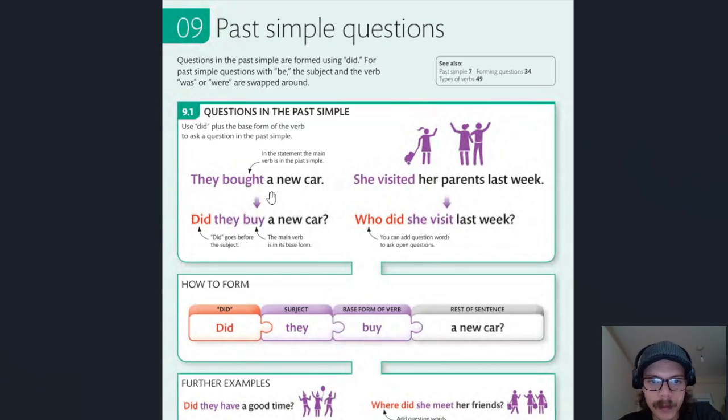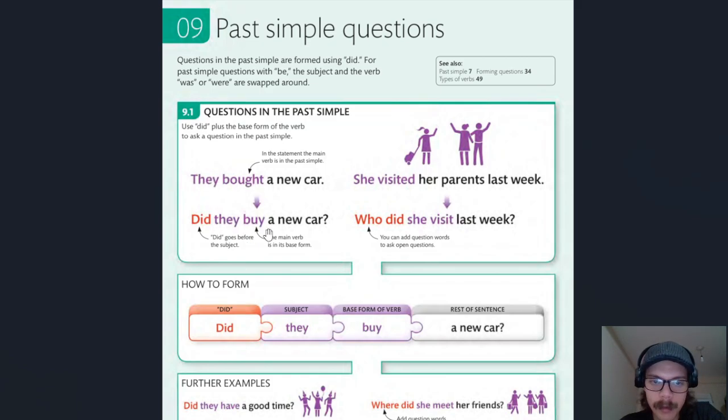They bought a new car. Did they buy a new car? Okay, let's focus on this. Here, the first part they mention, they bought a new car. This is an affirmative, okay? It is a statement. You have the word bought, which is the past of the verb buy, okay?